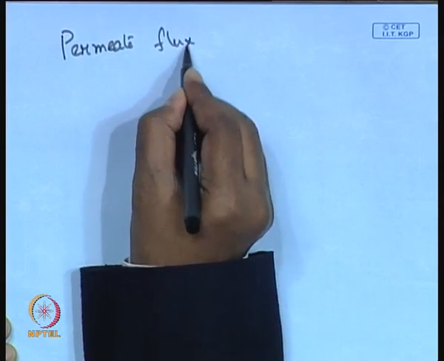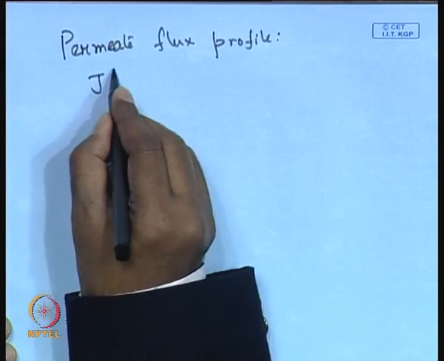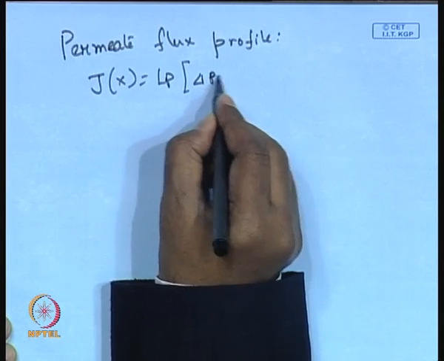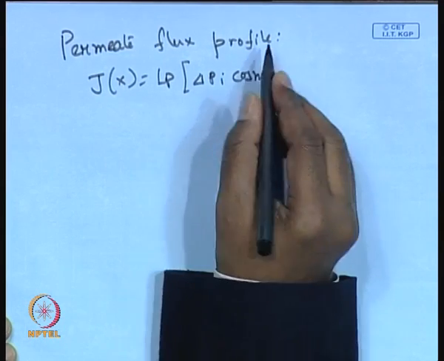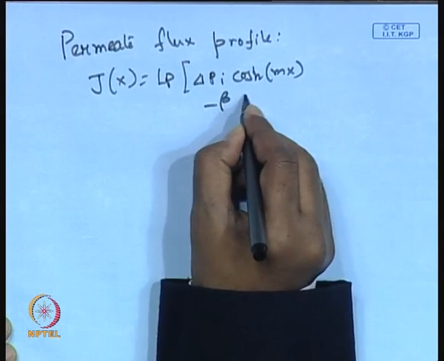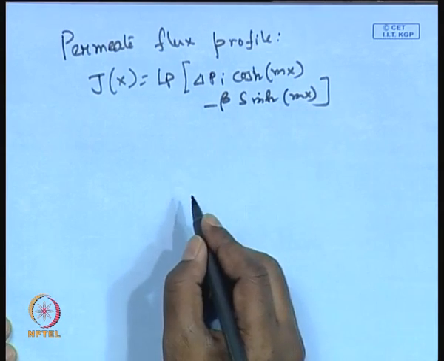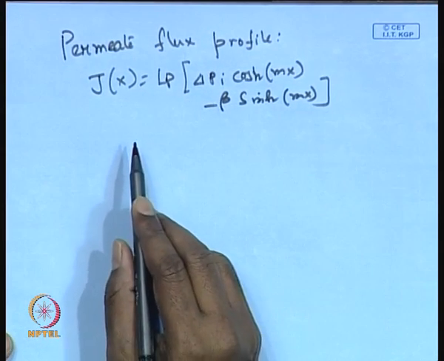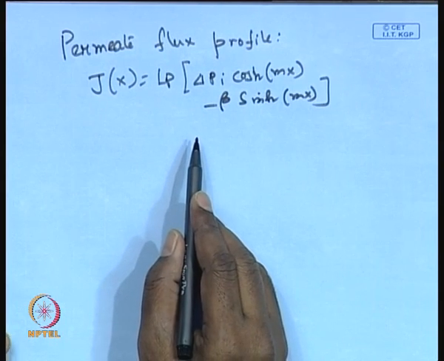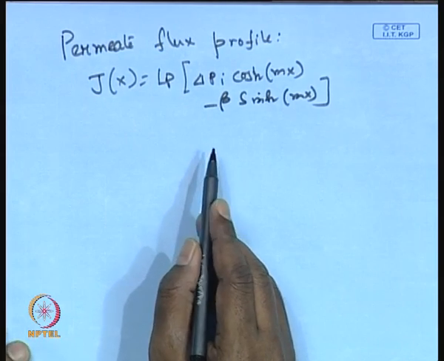The permeate flux profile becomes J of x is Lp times delta p in times cosh mx minus beta sinh mx, and one can go to the integration, or length averaging, over the full length and get the value of the length averaged permeate flux.